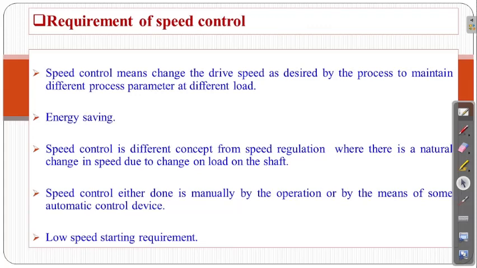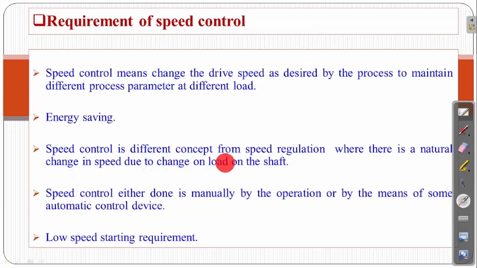The requirement of speed control. Why do we need speed control? Speed control means changing the drive speed as desired by the process, to maintain a different process parameter at a different load. It is energy saving also.